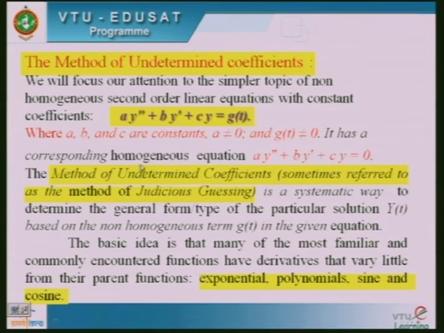It has a corresponding homogeneous equation a into y double prime plus b into y single prime plus c into y is equal to 0. The method of undetermined coefficients is sometimes referred to as the method of judicious guessing.